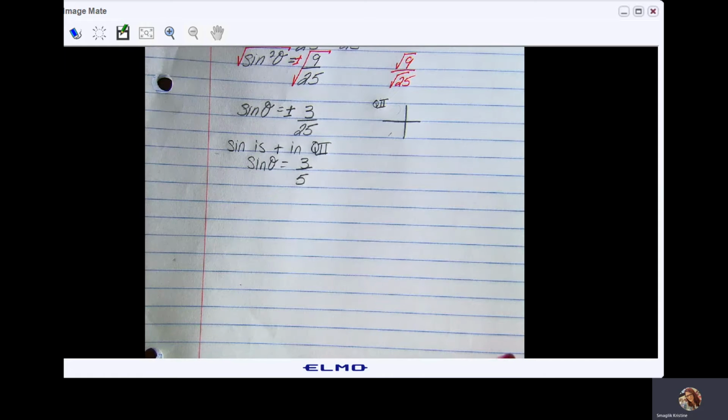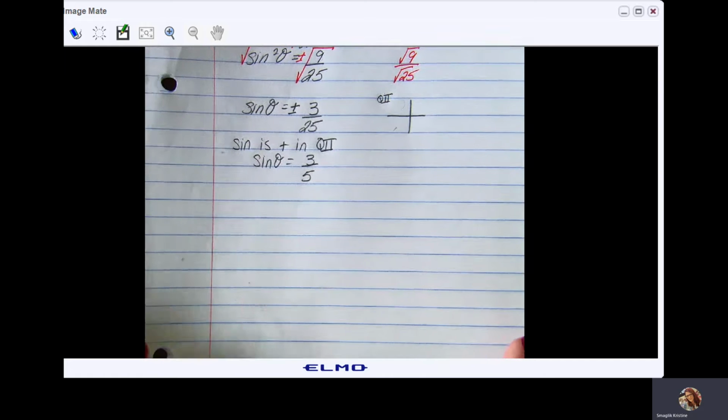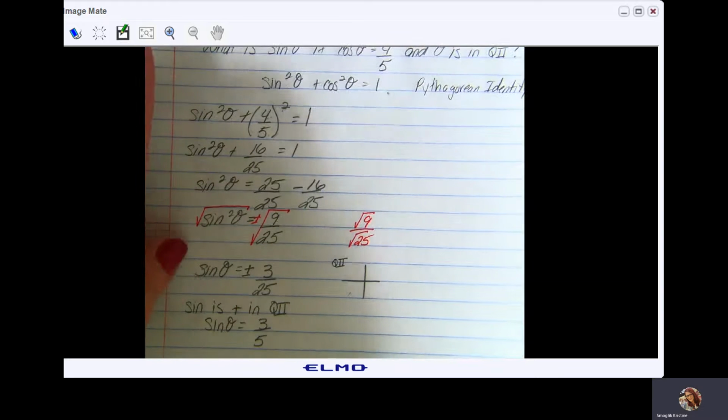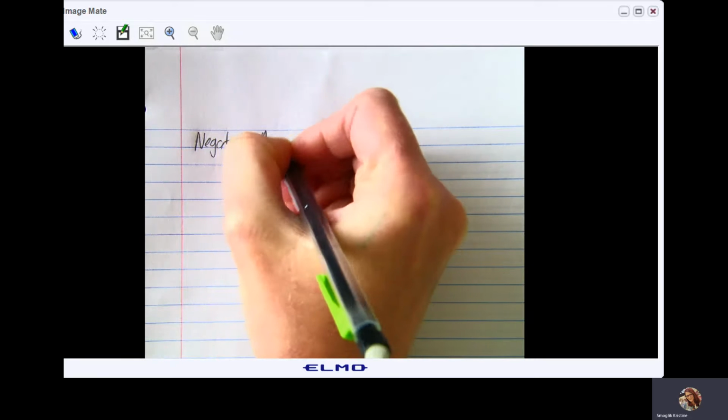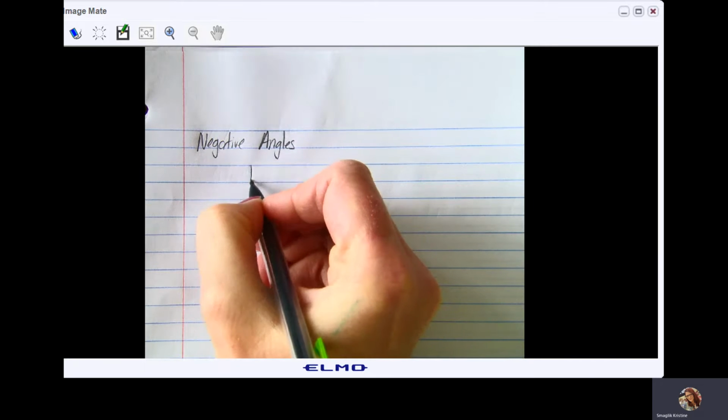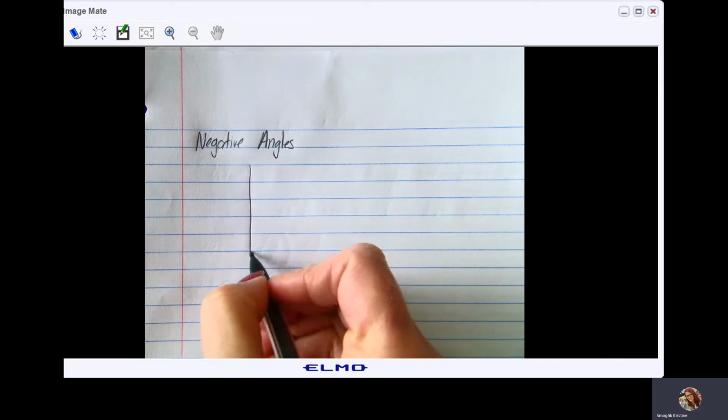And let's take a look at negative angles in standard position. Actually, let me flip the page. Let's do this on a separate sheet. So negative angles in standard position. I'm going to draw X and Y axes.